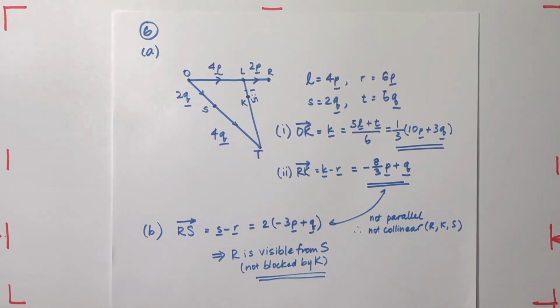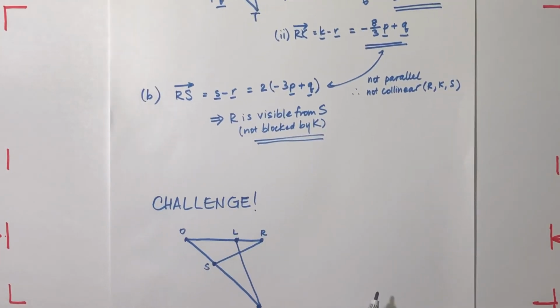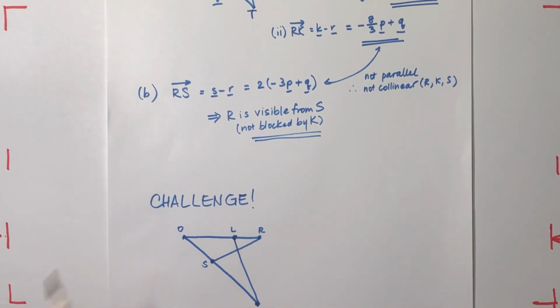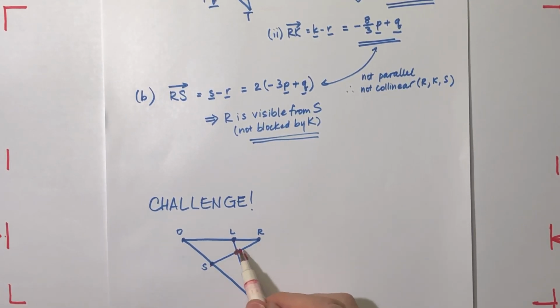So that concludes question 6. This is an interesting question, so here we give you a challenge. If there is another point B, on the same diagram as above, which lies right there and actually blocks the line of sight between S and R, what is the ratio in which it divides LT?